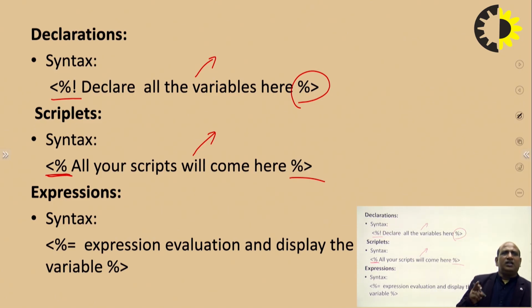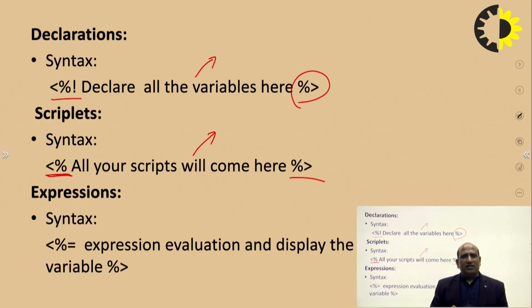If you have written code in the declaration tag, then that code will be appended to the equivalent servlet outside the service method, or outside the doGet or doPost method.